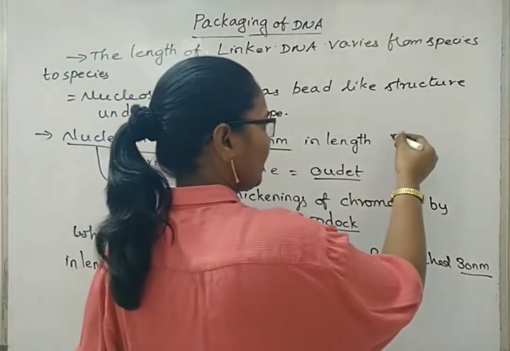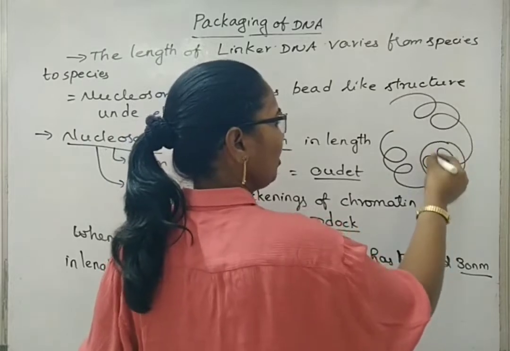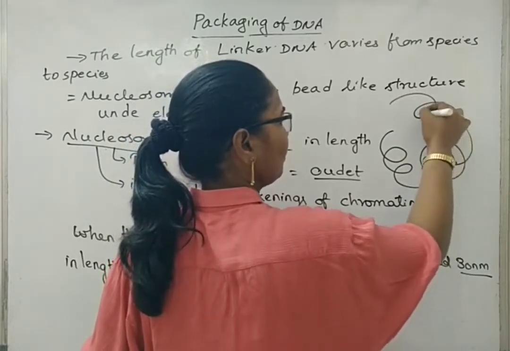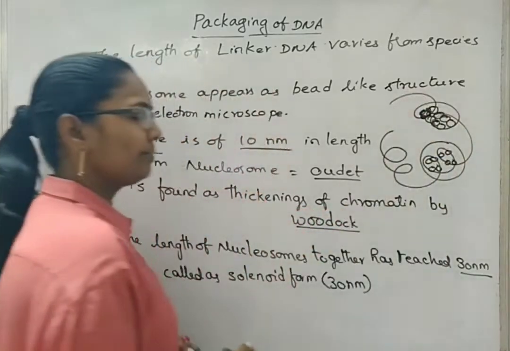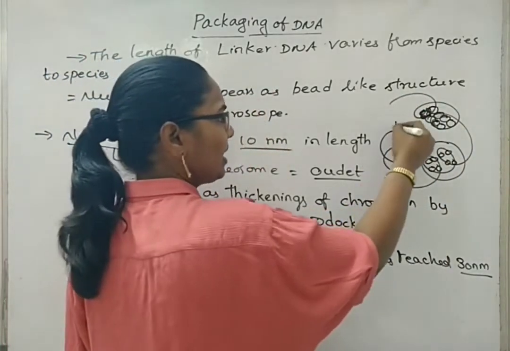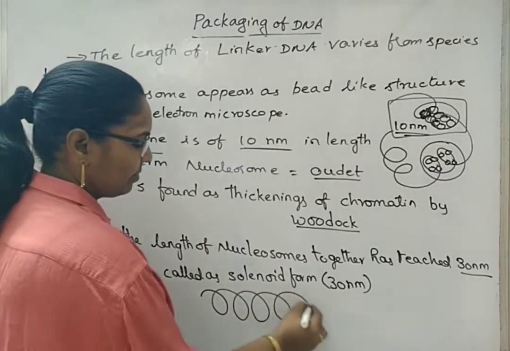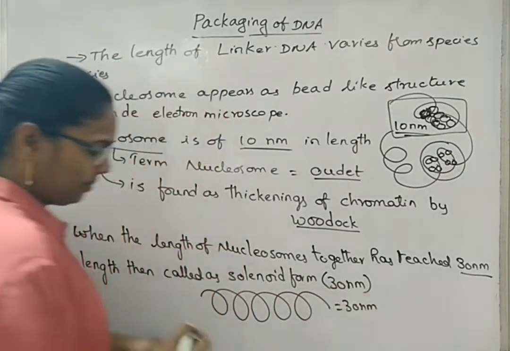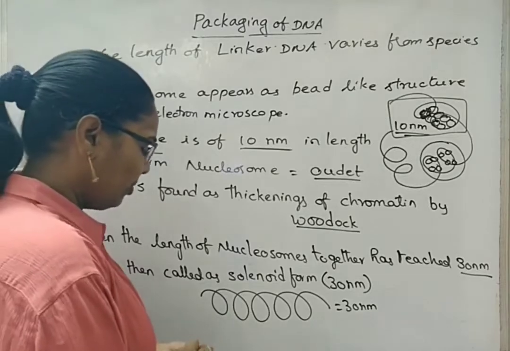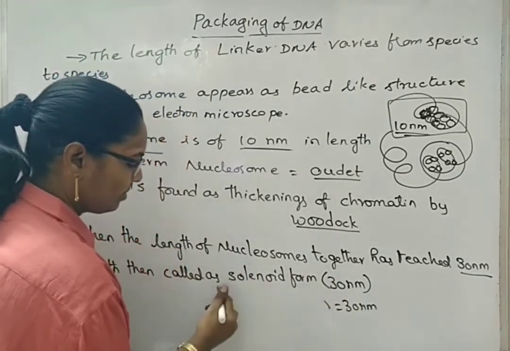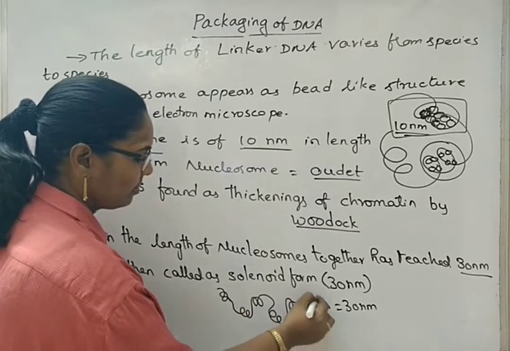We can show this in diagrammatic representation. If you say this one has one nucleosome with histone octamer, like this, if it is considered as 10 nanometers, one nucleosome, then if its length has reached 30 nanometers, then we can represent the nucleosomes like this.